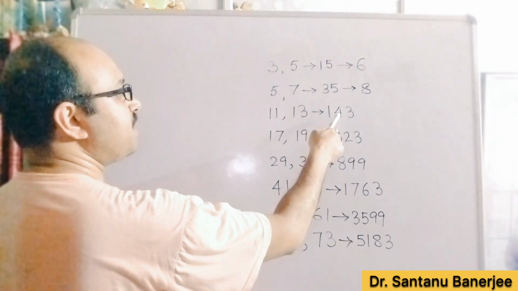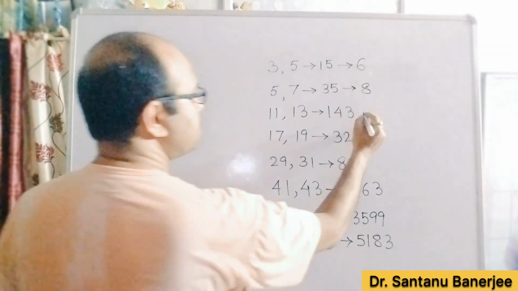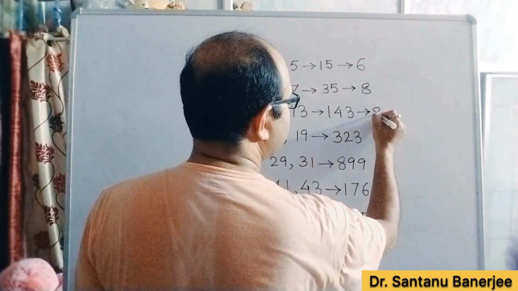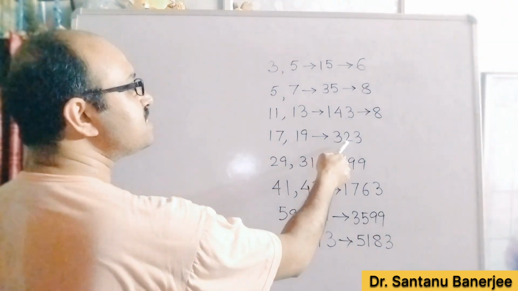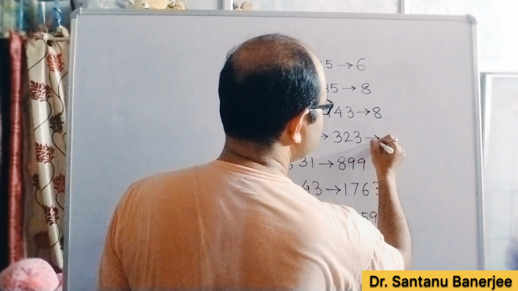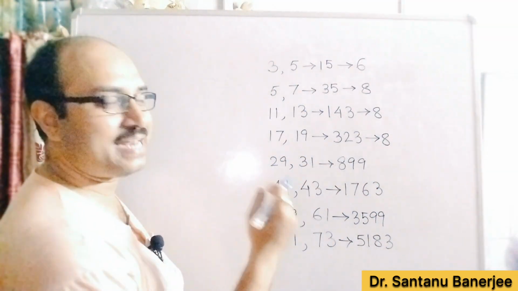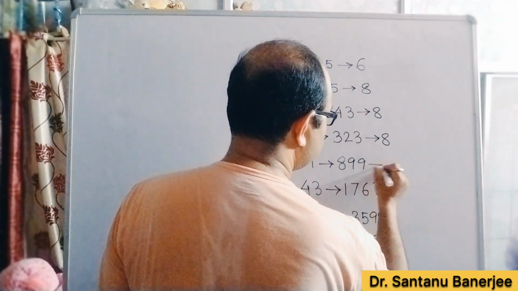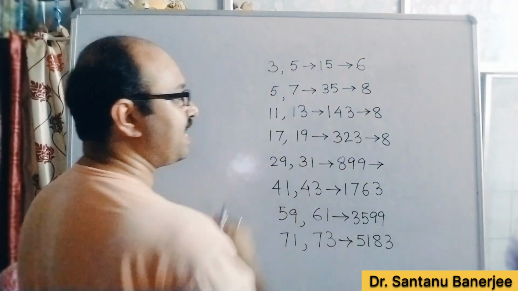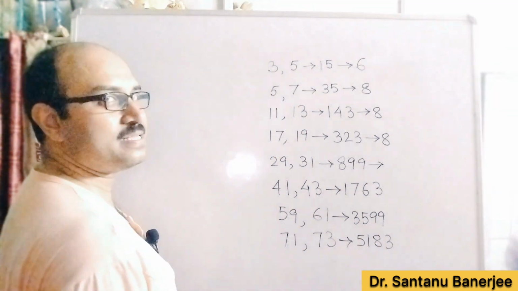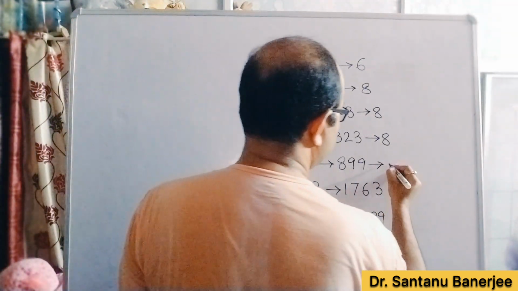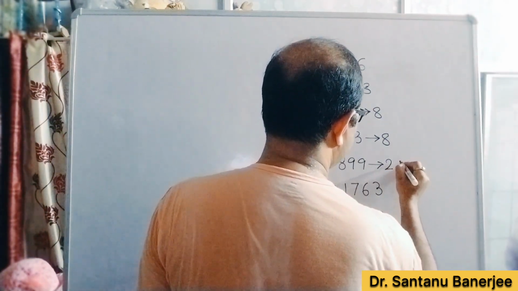Add 1 plus 4 plus 3. Answer is 8. 3 plus 2 plus 3. Answer is 8. 8 plus 9 plus 9. What is the answer? 9 plus 9, 18. 18 plus 8, 26.